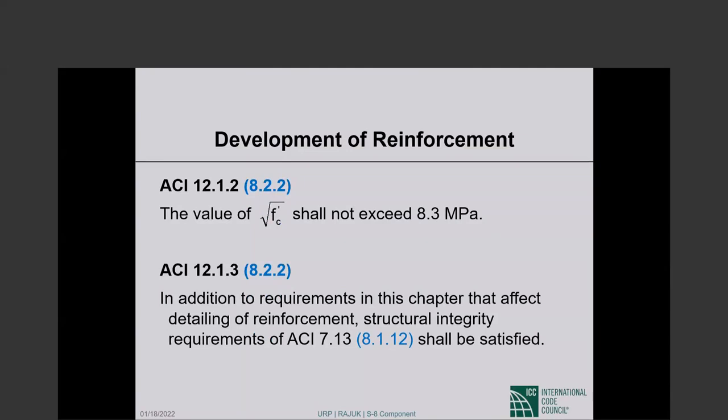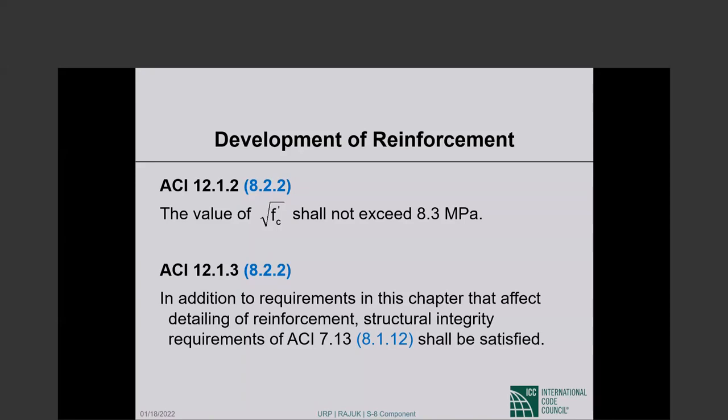Then as in the case of shear, square root of f sub c prime is restricted to no more than 8.3 MPa because we do not have enough test results with higher strength concrete. As the concrete strength increases, the required development length decreases, but beyond a certain point, we are not sure that we should keep on decreasing it because we do not have test results.